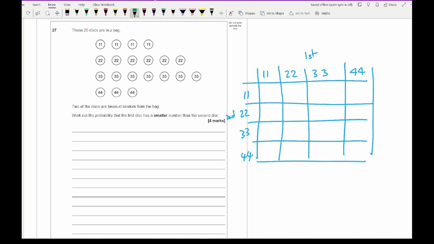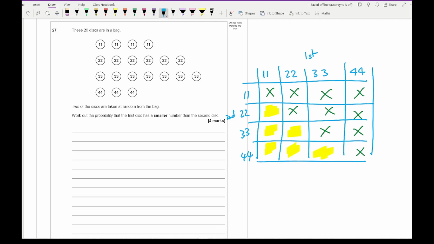In terms of viable options, I want the first disc to be smaller than the second disc. I don't need any of these because they're going to be the same. The ones with green crosses are ones that aren't viable. So we're looking for either this one here, that one, that one, that one, that one, or that one.